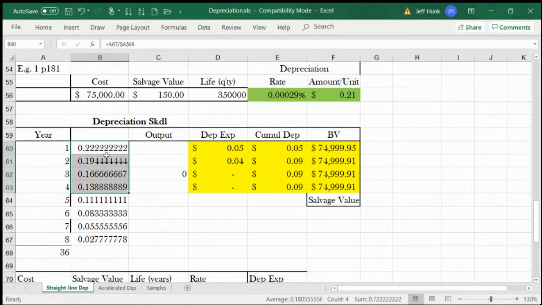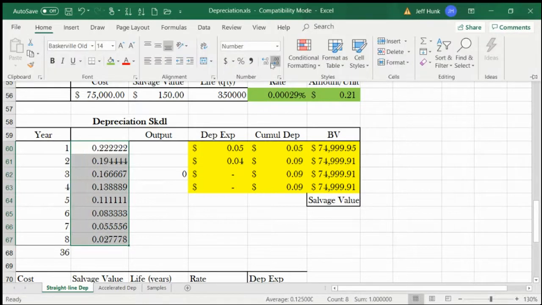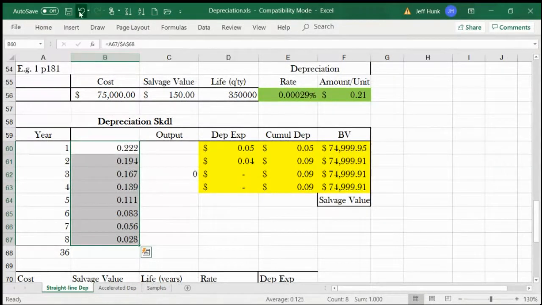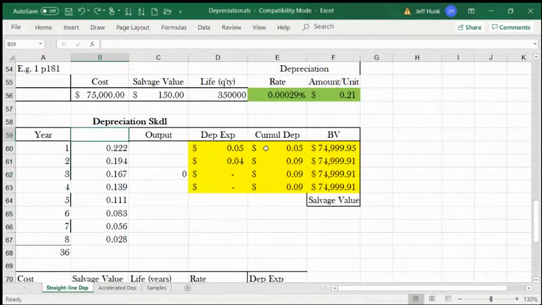For those weights, I'm going to use only 3 decimal places. That's too much. Let me call that weight. That's exactly like the depreciation rate per year.